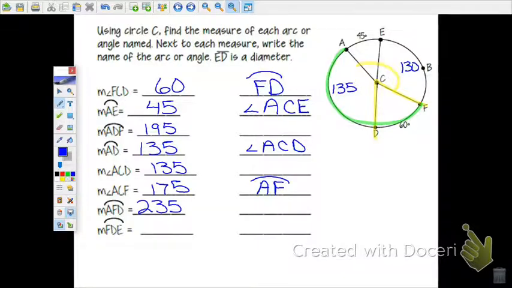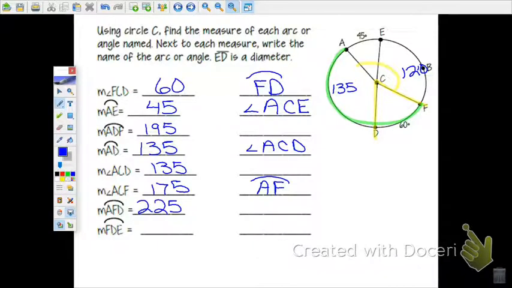So the minor arc is AD, which is 135. So if I subtracted that from 360, oh, nope, that should have been a 120. That wasn't coming out right. Yep, this should have been 120. So then this is going to be 225.